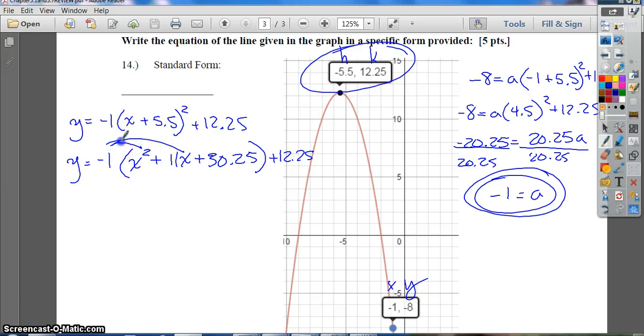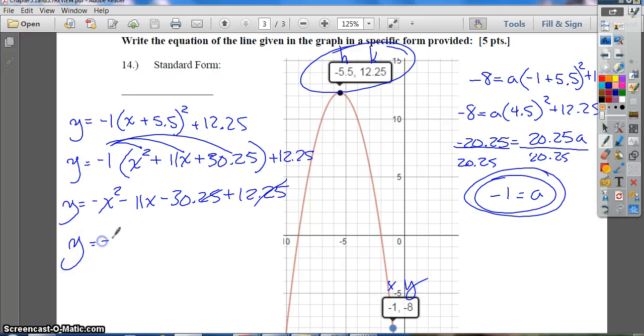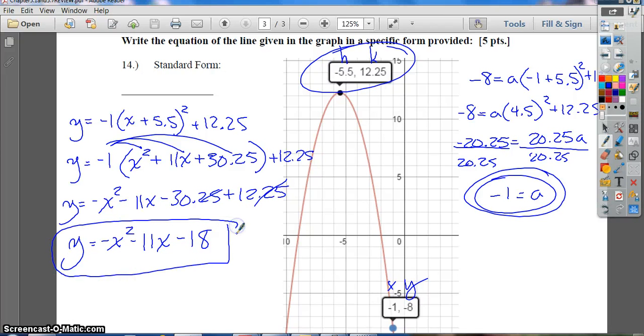Distribute in your negative 1. Negative x squared minus 11x minus 30.25 plus 12.25. Those guys cancel out. And what's 30 minus 12? You said negative 18, you would be on the money. And there's your final equation in standard form.